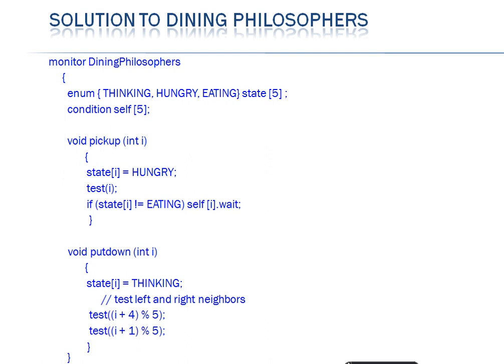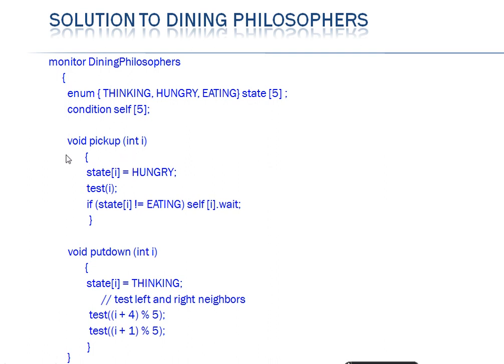And eating will include picking up the chopstick, right? So the operations that are associated are pickup and putdown. So in the state of hungry, the pickup operation will be invoked, right?